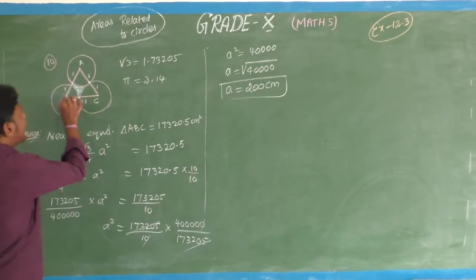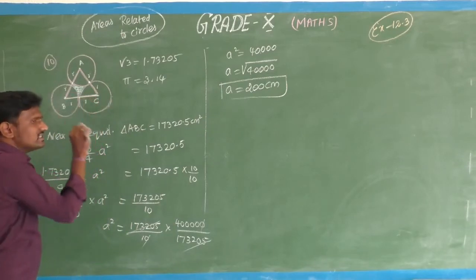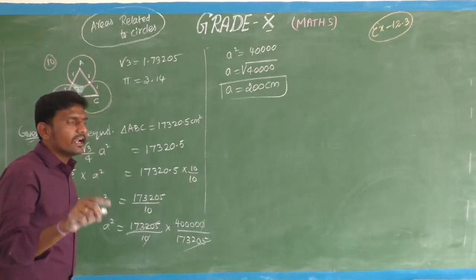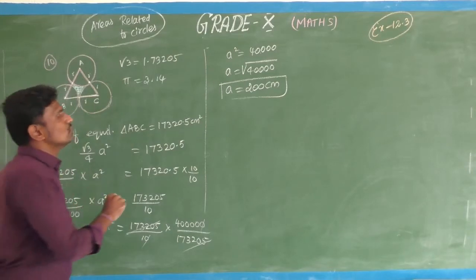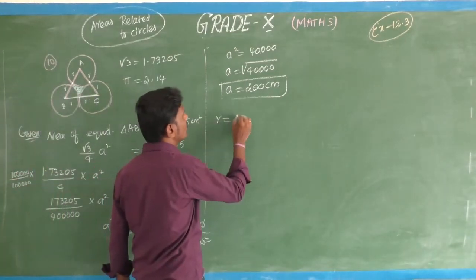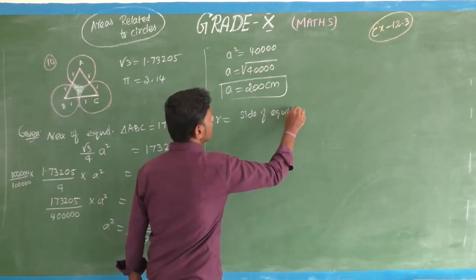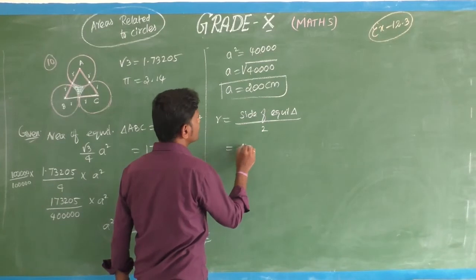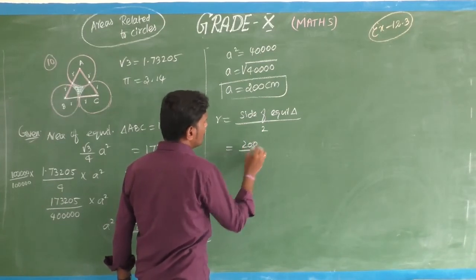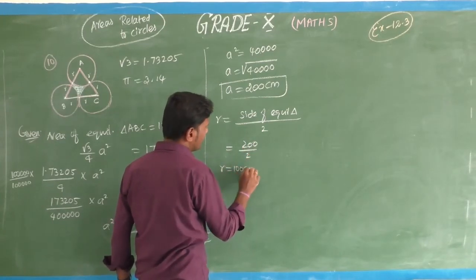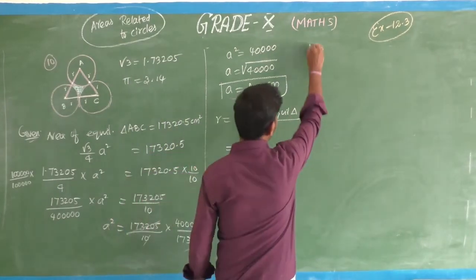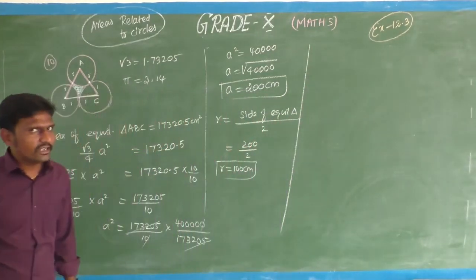Already I told you, half of the side of the equilateral triangle will be the radius. So radius is equal to side of the equilateral triangle whole divided by 2. That is 200 divided by 2. R is equal to 100 centimeter. Have you got it, children?